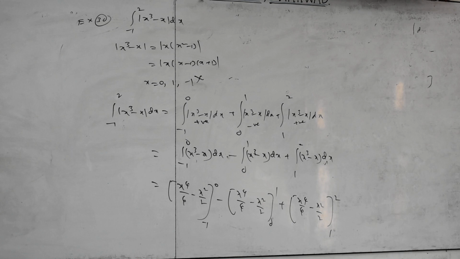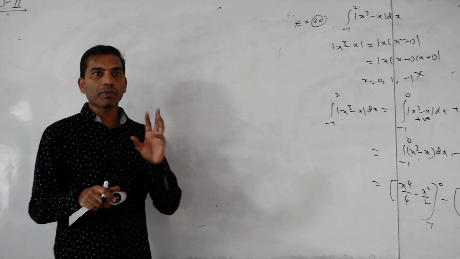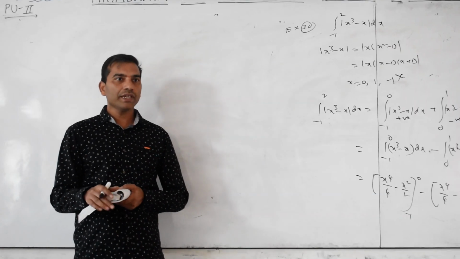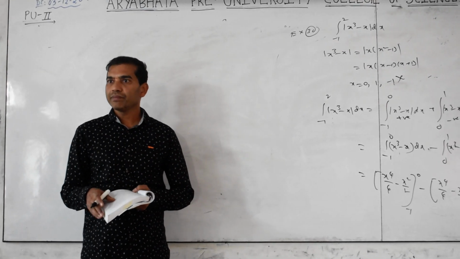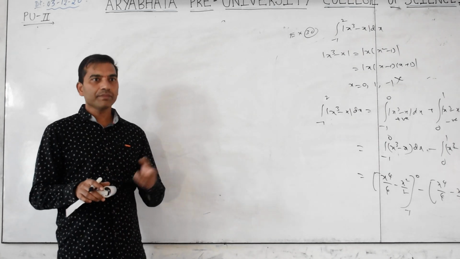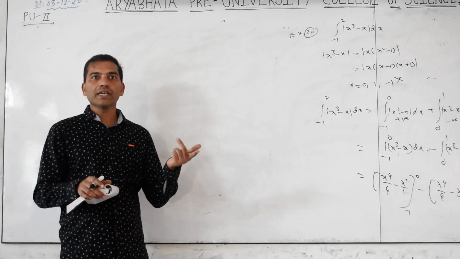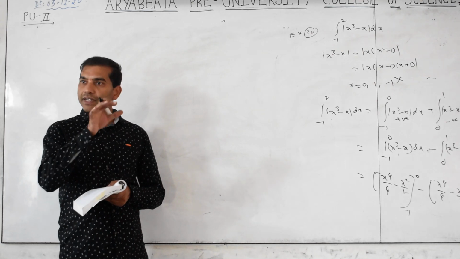So I will do some extra problems. From this exercise they will ask a 6 marks question, property-cum-problems. The most important four properties are: integration of 0 to a, integration of a to b, integration of minus a to a, and integration of 0 to 2a of f of x dx, and the related problems.